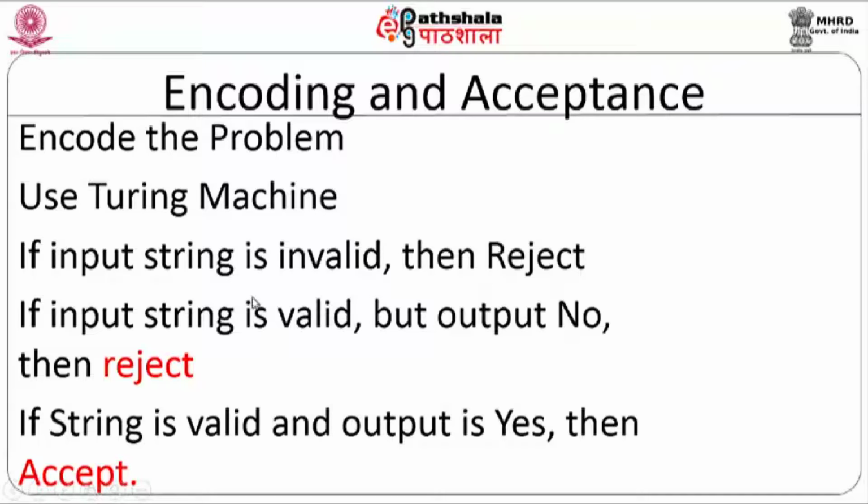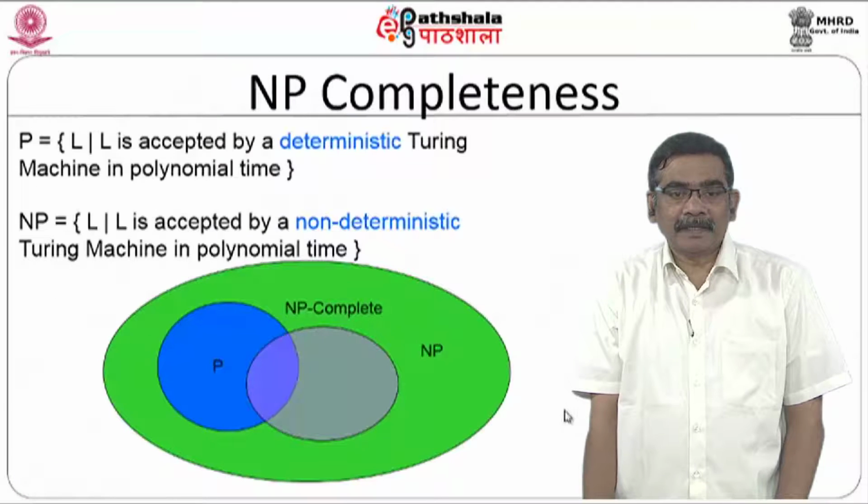If the string is valid, but the output is no, then again we are going to reject the solution. On the other hand, if the string is valid and the output is yes, then we are going to accept that. In other words, the problem is solvable by the Turing machine.